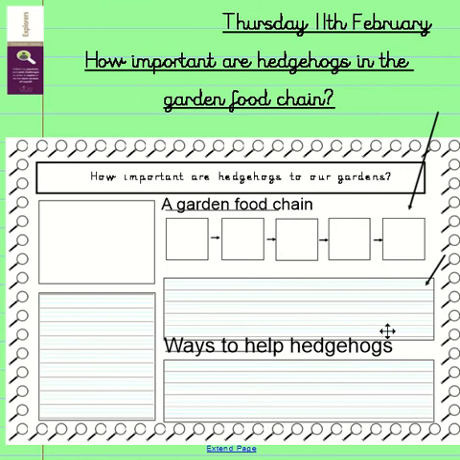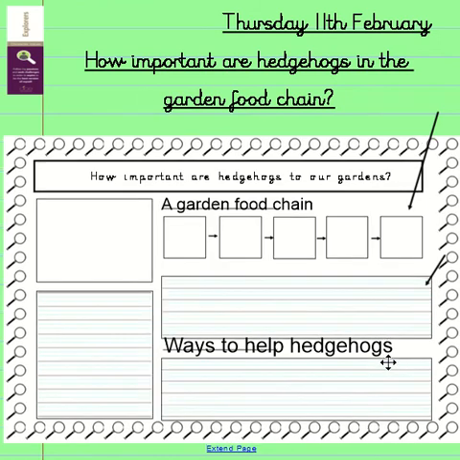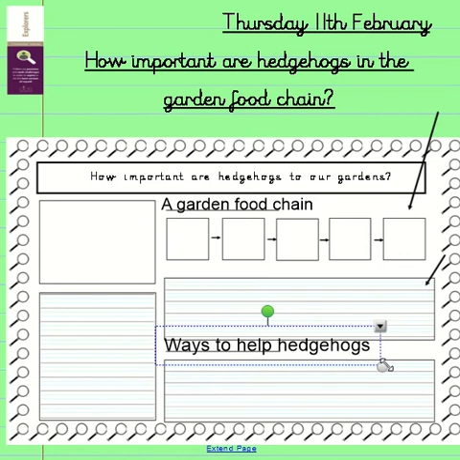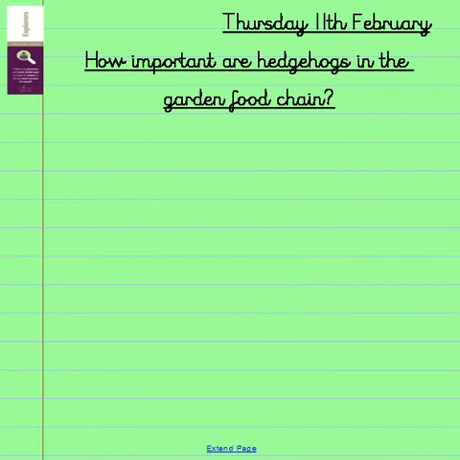Okay, let's just have a think together, and I'll show you what I mean about explaining food chains, and then I'll talk about the last part that you need to do. So I will put up this template again on Class Dojo, and a printable version too, so that you can do the next part.